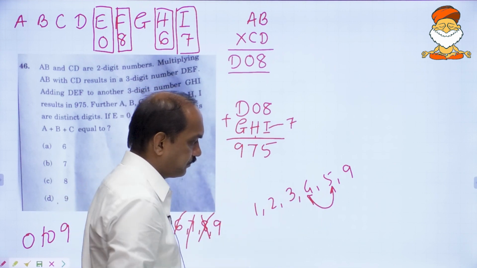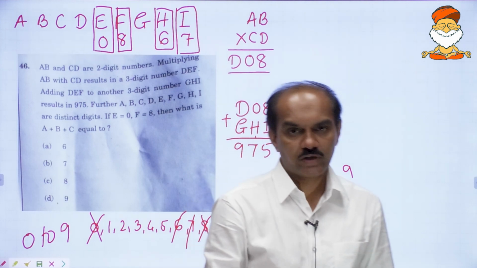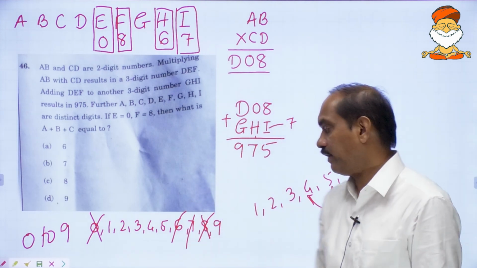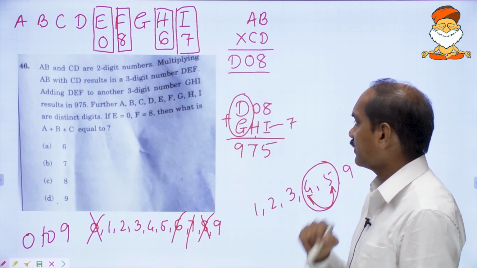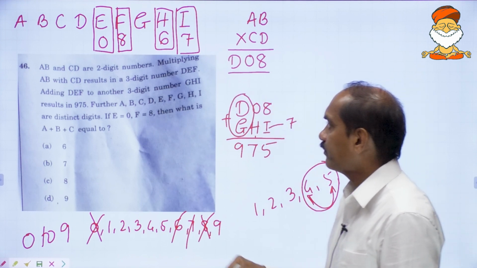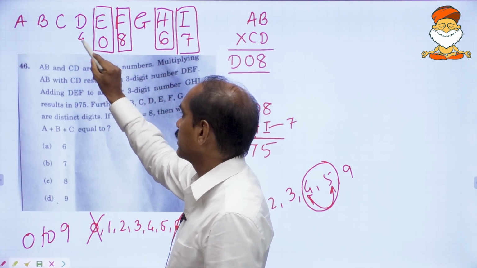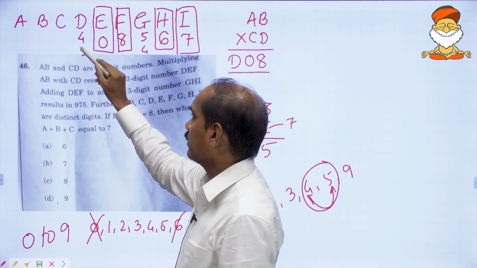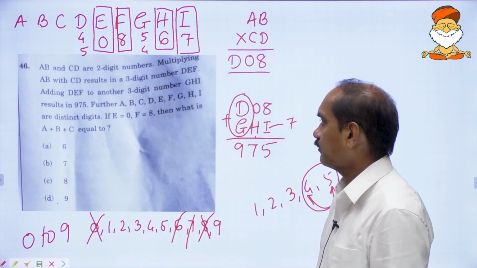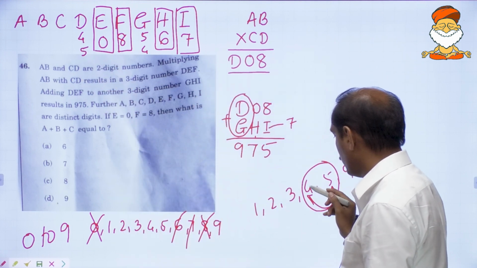Do you agree with me? The only combination which will give you 9 is 4 and 5. So 4 and 5 is gone for D and G. One is 4, the other is 5. If this is 4, this will be 5. So 4 and 5 are also over.